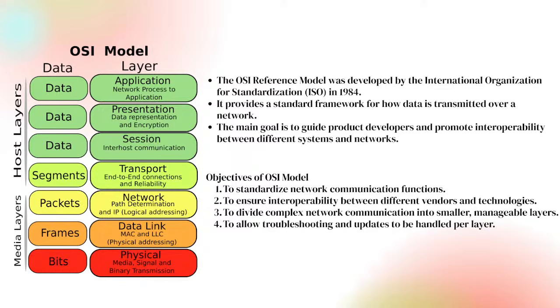OSI model. The OSI reference model was developed by the International Organization for Standardization, ISO, in 1984. It provides a standard framework for how data is transmitted over a network.